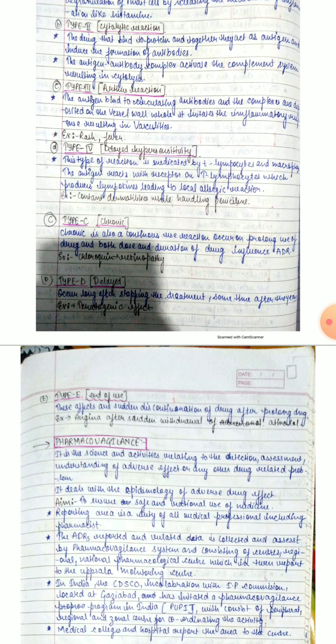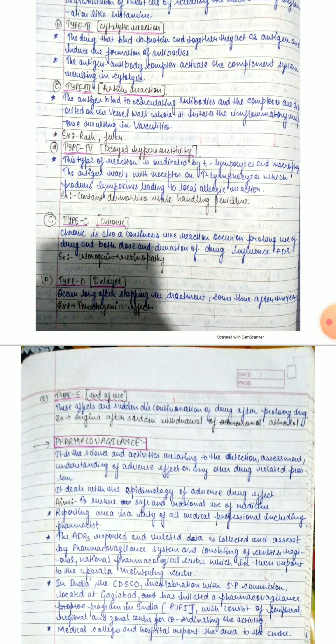The adverse drug reactions which are reported are collected and assessed by the pharmacovigilance system, consisting of centers like the regional and national pharmacovigilance centers, which then report to the Uppsala Monitoring Centre.